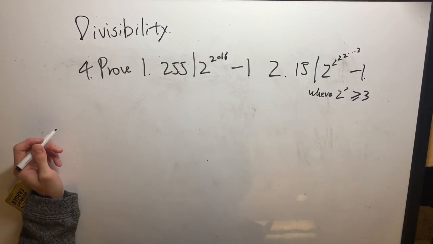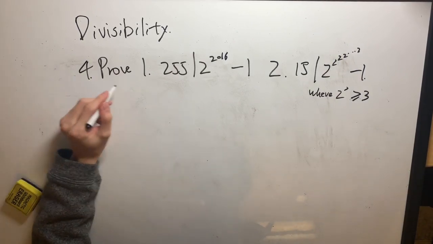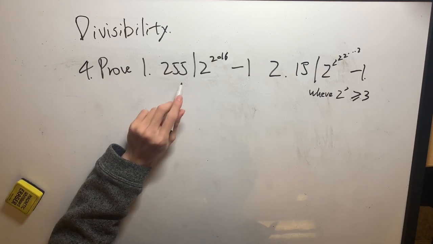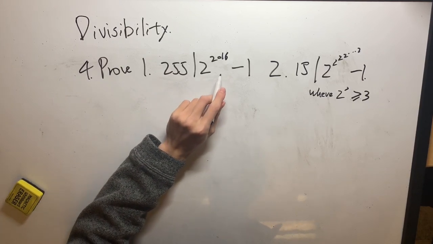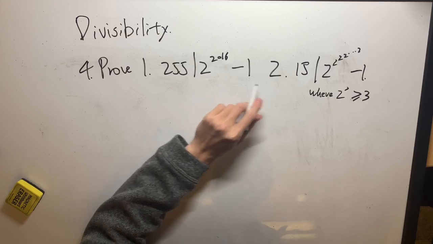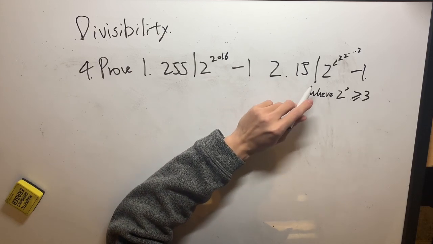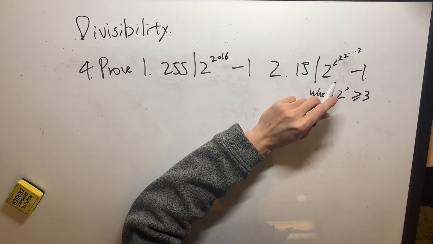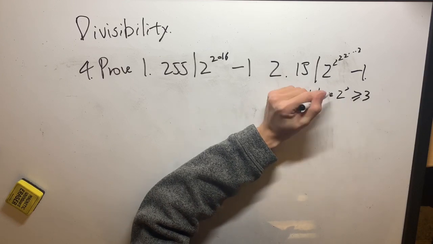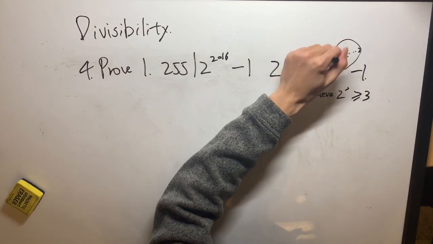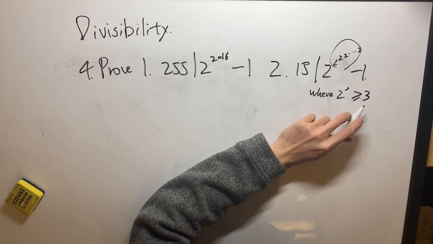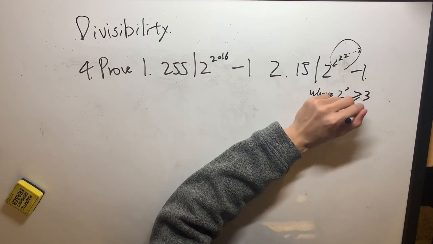Now let's look at the next question. Prove first, 255 divides 2 to the 2016 minus 1. Second, 15 divides 2 to the power of an infinite tower of 2s minus 1, where the number of 2s is bigger or equal to 3.